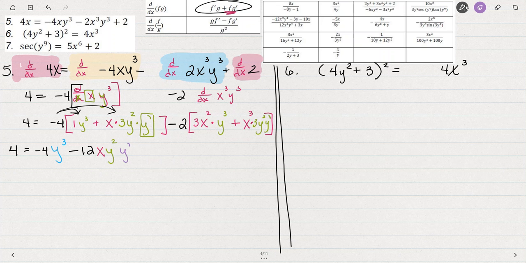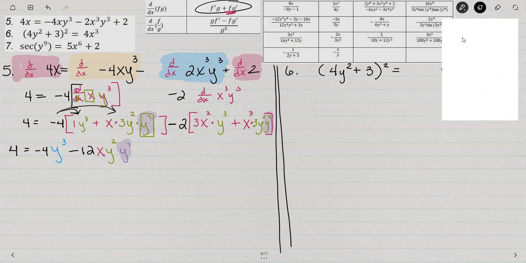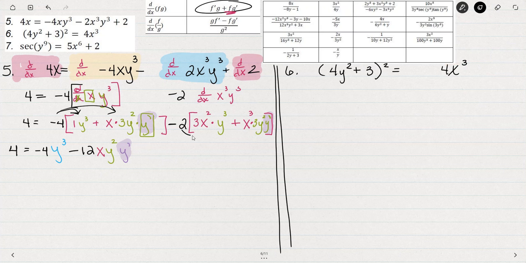I'm going to pull out every y prime as I go here carefully, because the next step is going to be to solve for y prime, right? Distribute this negative 2.